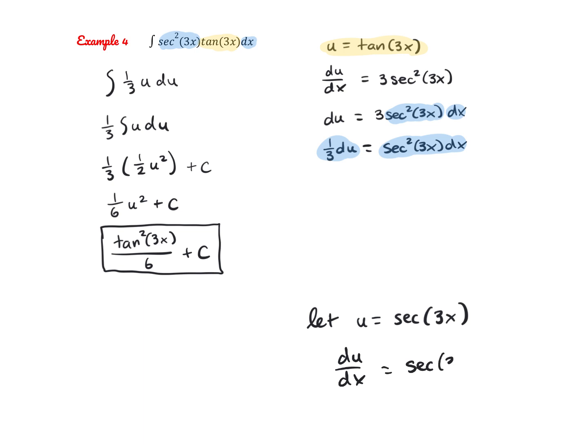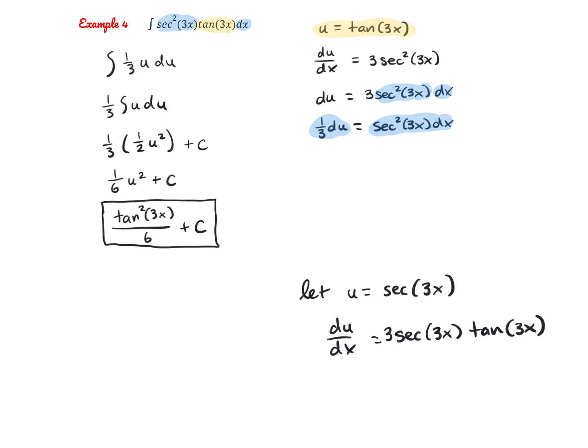So it'd be secant of 3x, tangent of 3x, and then we do apply the chain rule, so there would be that 3 out front. So if you multiply both sides by dx, we get 3 secant of 3x, tangent of 3x, and then dx.